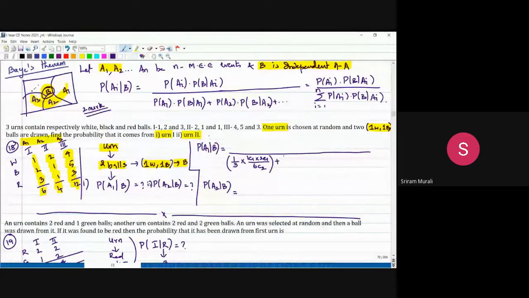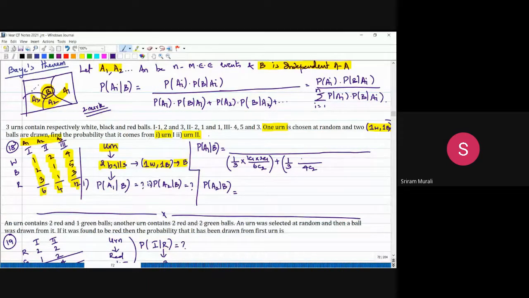Or I can avail box 2. In box 2, the chance of getting box 2 is 1 by 3. Now what is the chance of taking a ball? First, we want to do a probability for the box. Then only you can do a probability for colors. There are 4 balls. You have to take 2.